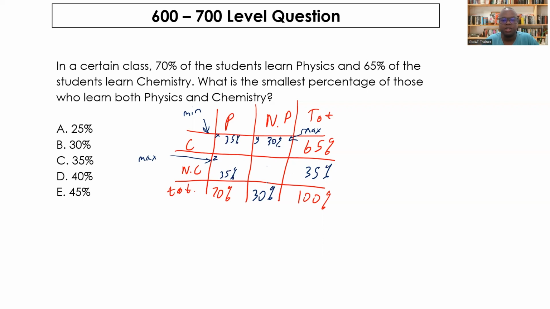5% of the students don't take chemistry, and 30% of the students don't take physics. With this one also, if you subtract that 5 from 70, it comes to that 5%. So we're getting the same value across the matrix, because across it should add up to this percentage here, and vertically it should also add up to the percentage.